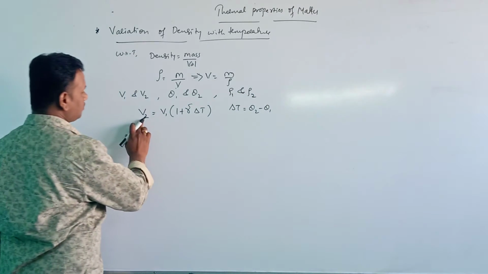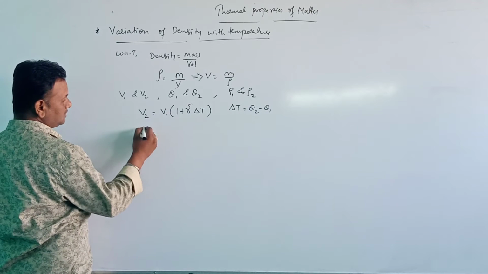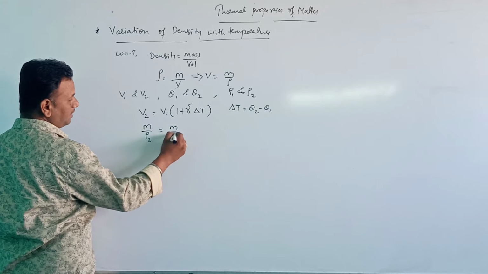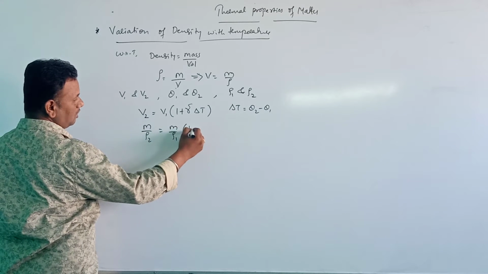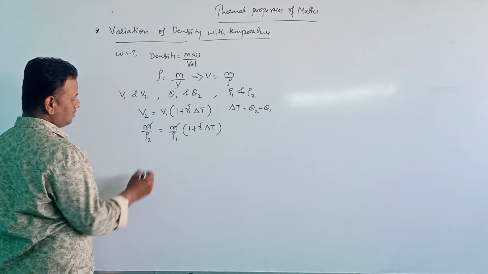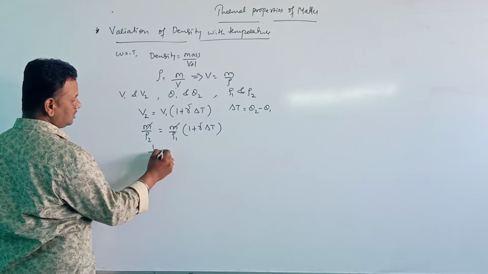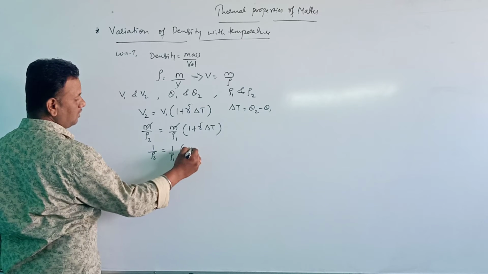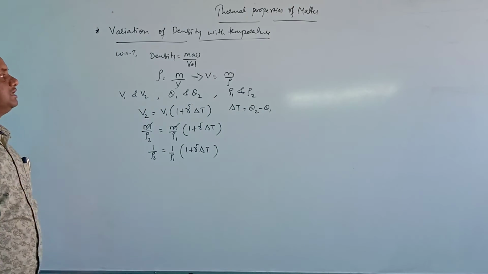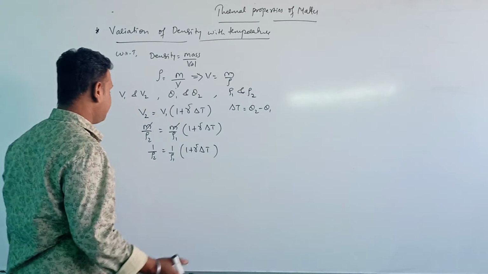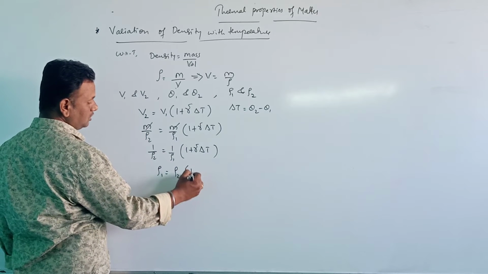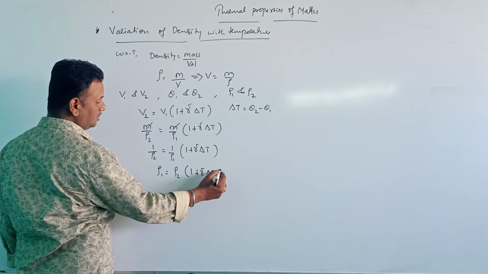Therefore V2 means m by rho 2 is equal to V1 means m by rho 1 into 1 plus gamma delta T. The m will cancel. So 1 by rho 2 is equal to 1 by rho 1 into 1 plus gamma delta T. Here we are finding how the density varies with temperature. Or we can also write this as rho 1 is equal to rho 2 into 1 plus gamma delta T.